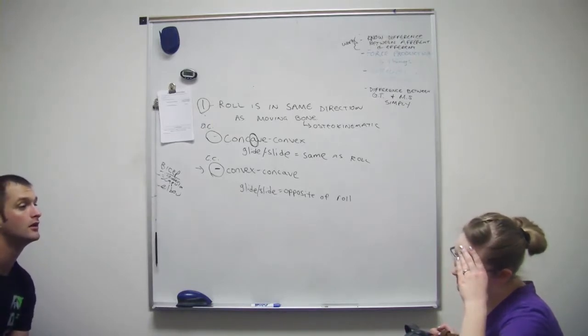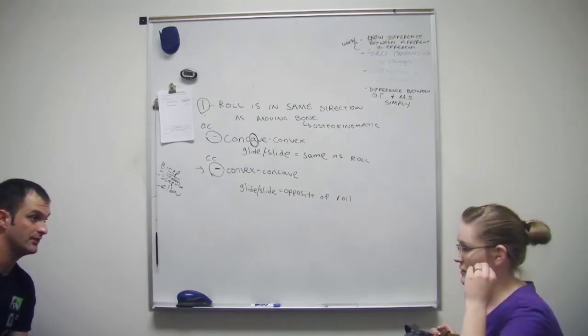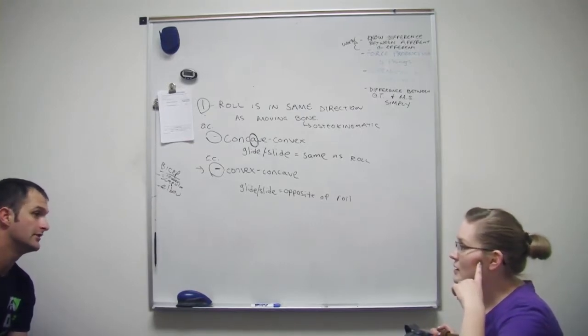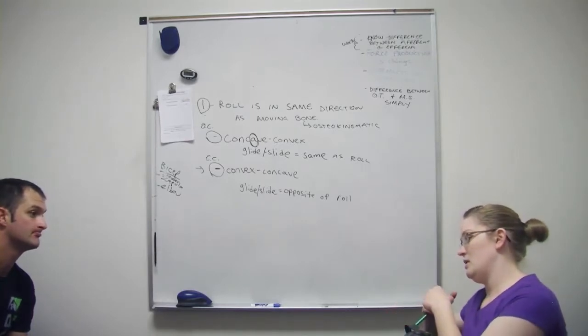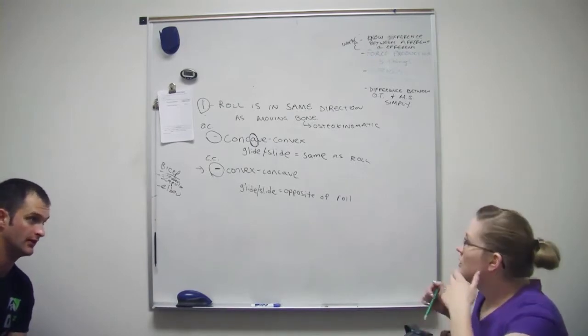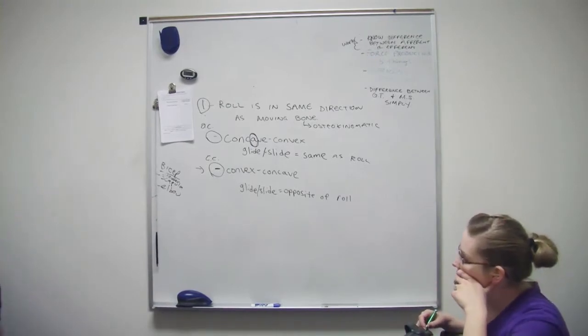Convex on the concave. Good, because why? Because the part that comes in contact and is moving is the condyles on the femur. Good, and it's moving. But when we're doing open chain knee extension, what's going on?